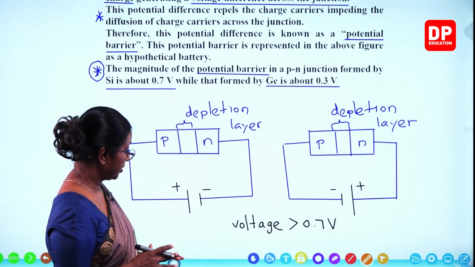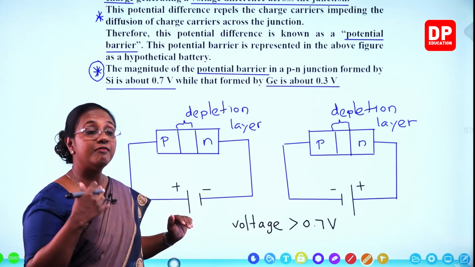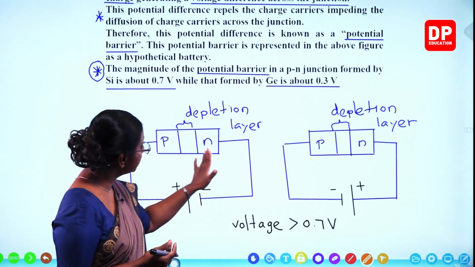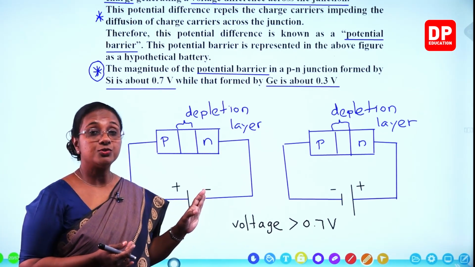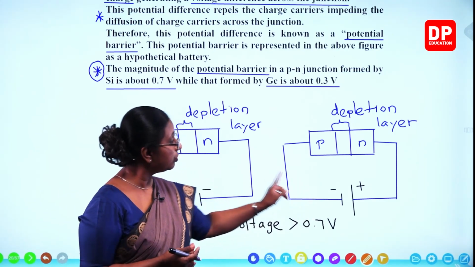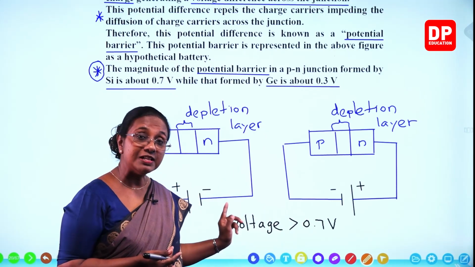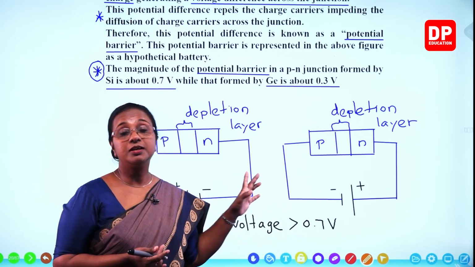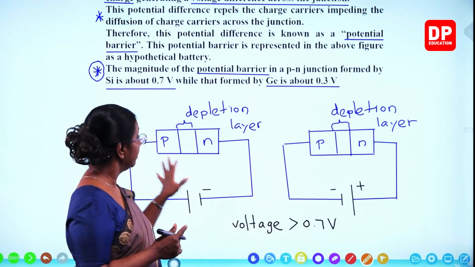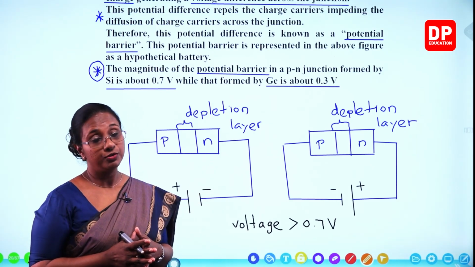So, this process where we supply a potential difference across the PN junction is known as biasing. And there are two possible ways of biasing. And we will see whether they both conduct electricity or not, or whether only one type of connection will allow current to flow through.